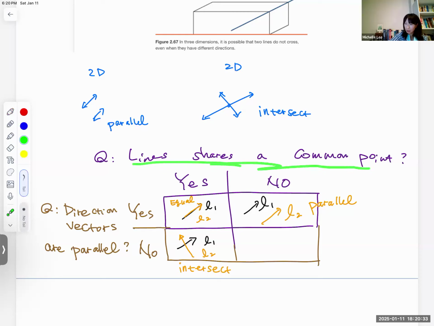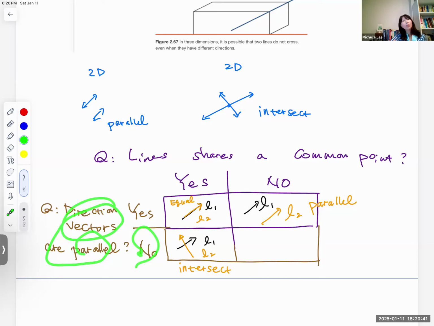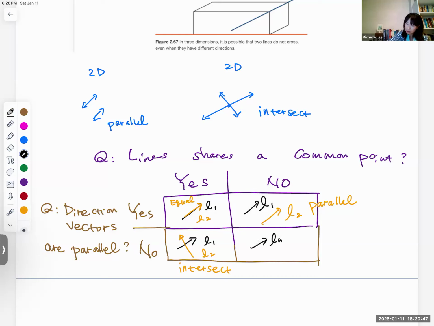Lines share a common point? No. Direction vectors are parallel? No. We just learned that, skew lines, right? So line 1 and line 2. Skew.